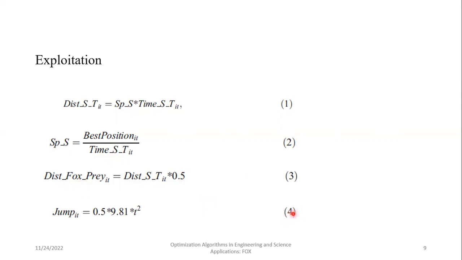And then equation 4, we find the jump of the fox, which is equal to 0.5 multiplied by acceleration times t squared. The jump could be up and down. So the time during the jump is squared for mathematical convenience. So just up and down.